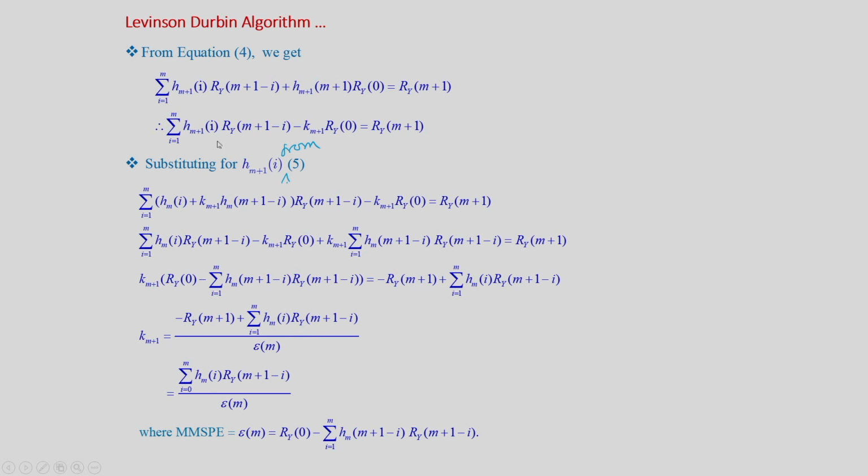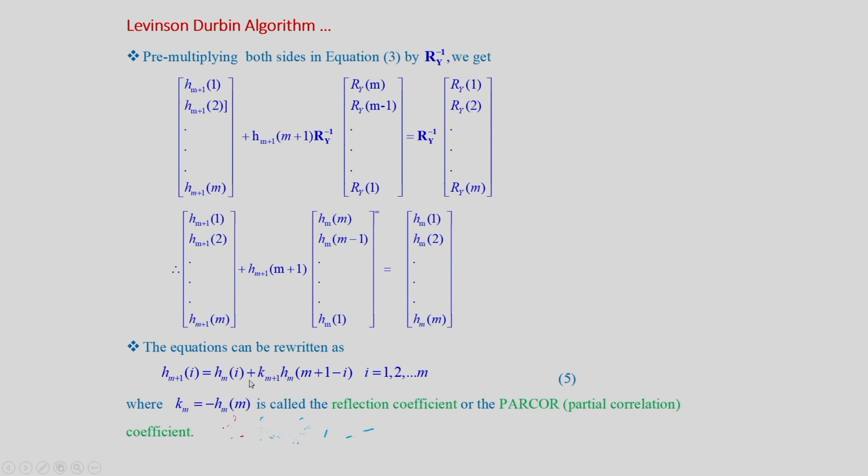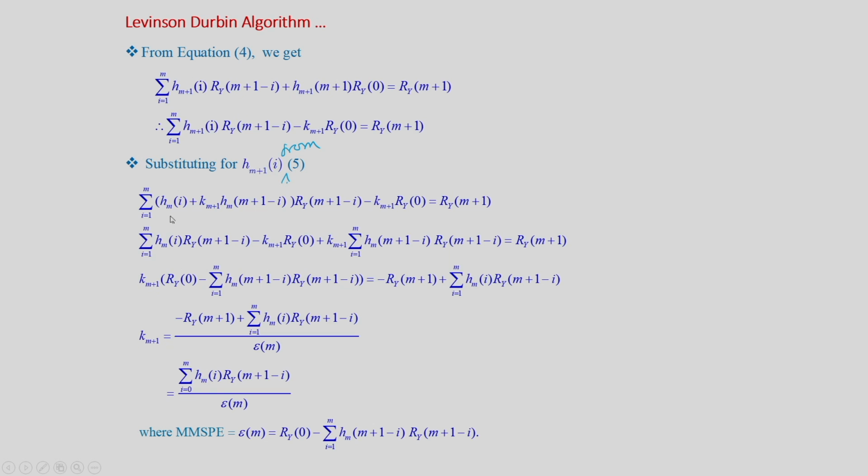Substituting for h_{m+1}(i) from equation 5, the recursive relationship, we can write the summation of h_m(i) plus k_{m+1} into h_m(m+1-i), into R_y(m+1-i), going from 1 to m, minus k_{m+1} into R_y(0), that must be equal to R_y(m+1).